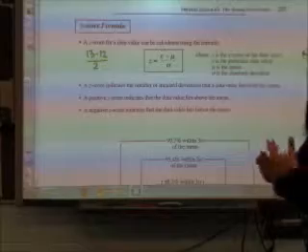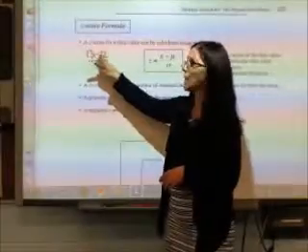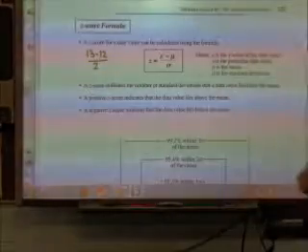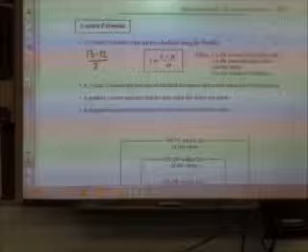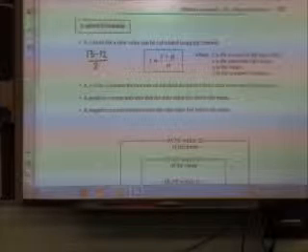If I had 11.3, it would be 11.3 minus 12, divided by 2. That would give me my z-score. When the z-score is positive, it tells me it lies above the mean. If the z-score is negative, it is below the mean.